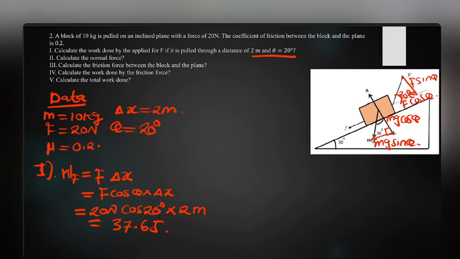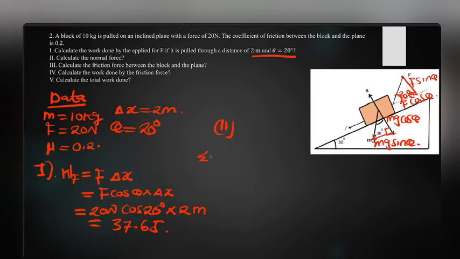Then we have our part 2. Part 2 says calculate the normal force. Remember, the normal force is along the y. So if we know that the normal force is along the y, then we just need to resolve all the forces in the y, then we can solve for the normal force.